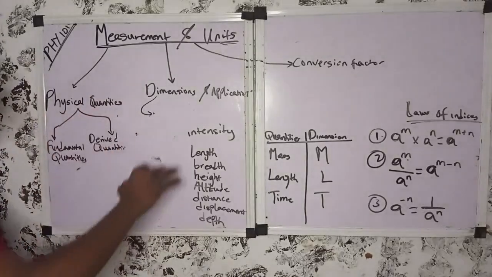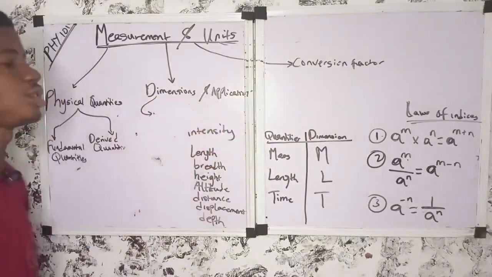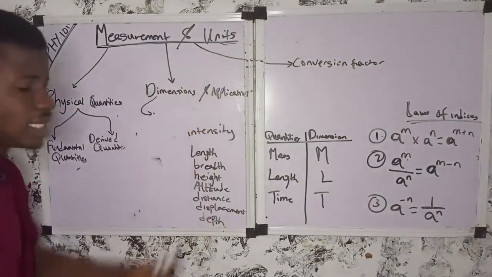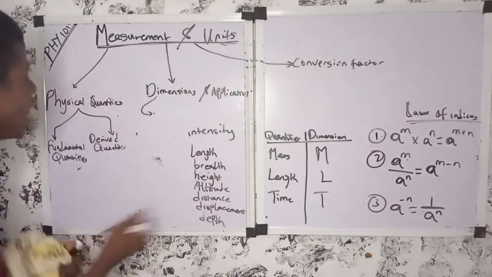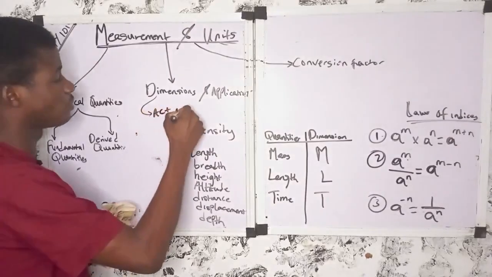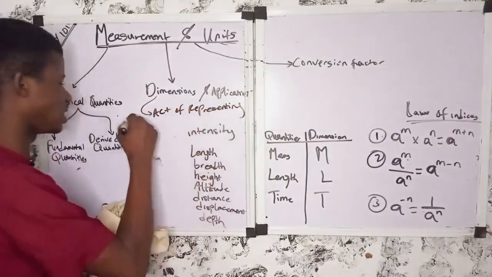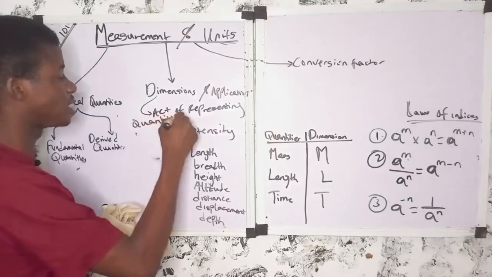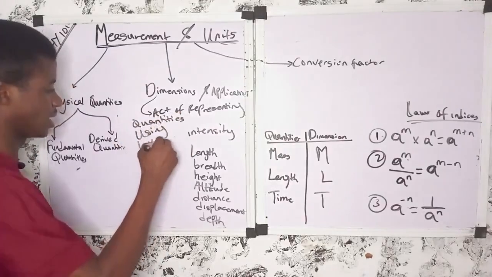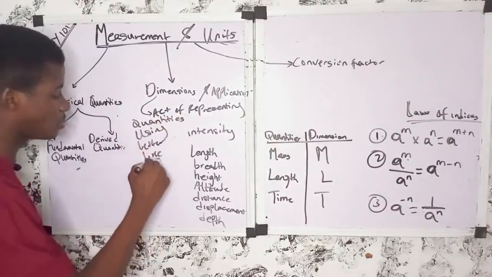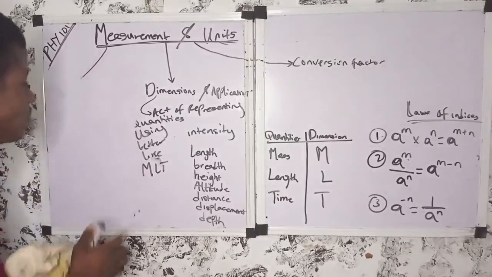Now move straight to dimension and its applications. You may ask, what is the meaning of dimension? Dimension is the art of representing quantities using letters like M, L, T. So if they ask you, what is dimension?